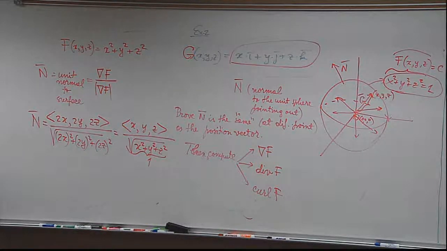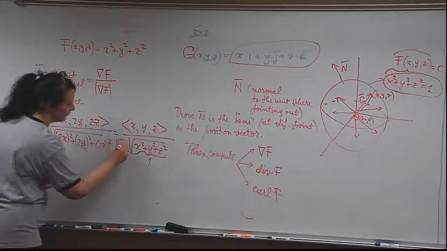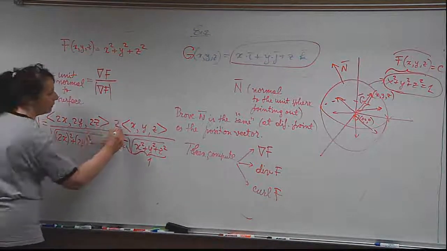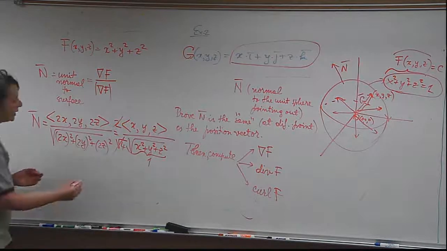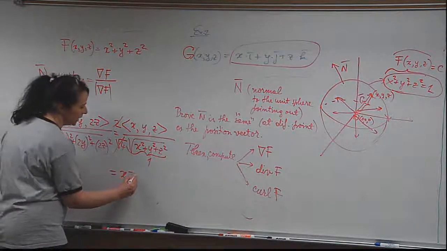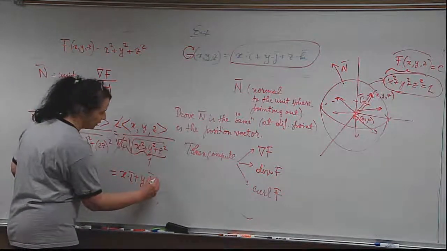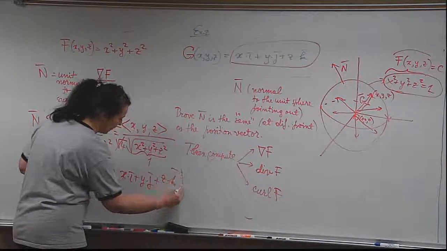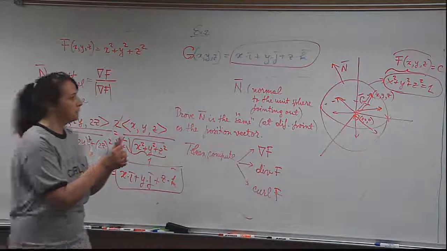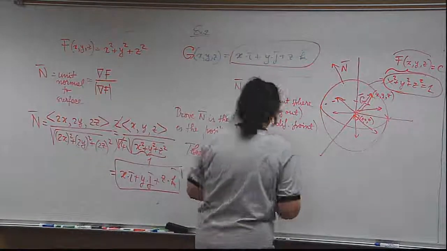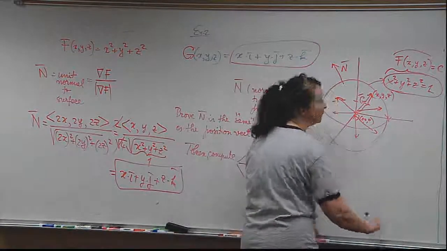I pulled that out of the root, square root of 4, and I have a 2 here, and that cancels out. So I got something much simpler than you guys expected at first. I got xi plus yj plus zk as being the normal. Did you expect this?